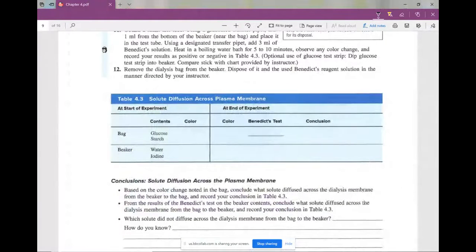All right, at the start of the experiment, what is the color of the bag? Because it's full of starch, it would be white. You guys can fill this out and picture this. What about the color of the water in the beaker? Well, because we filled it with iodine, it becomes amber.